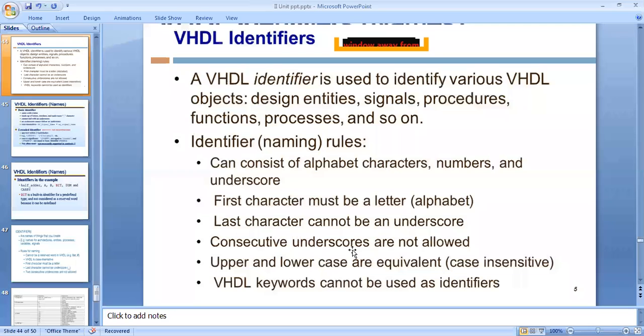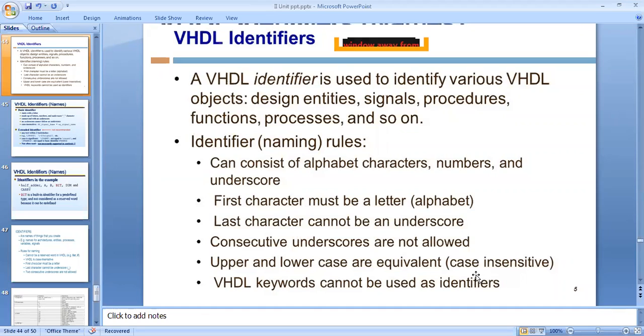Consecutive underscores are not allowed. The next rule is that upper and lower case are equivalent. So that is case insensitive. VHDL is case insensitive. What is meant by case sensitive and case insensitive?